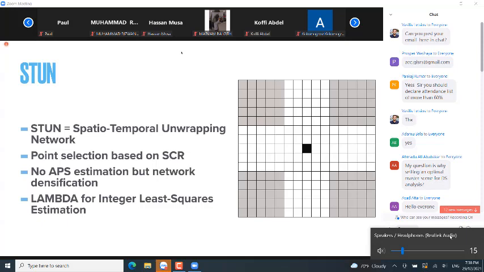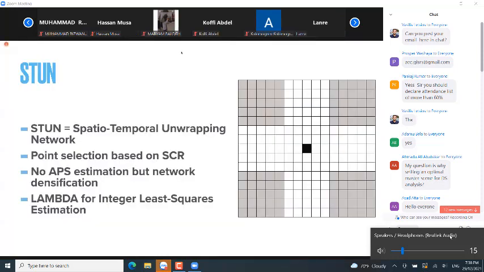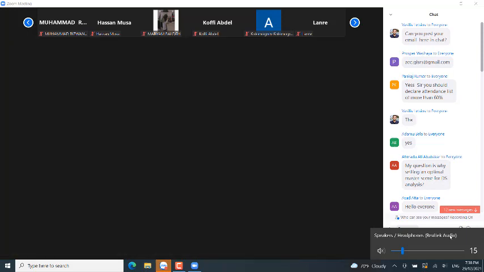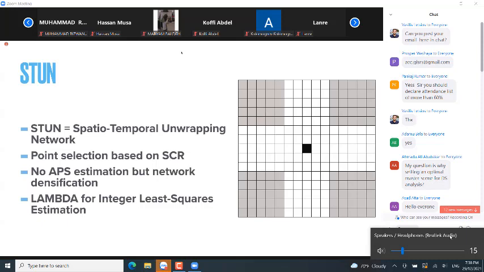Then in STAN, we actually do not estimate the atmosphere at all, and I will explain that. We just densify the network later, so we never really estimate the atmosphere. And then probably the most useful part of STAN is using LAMBDA as an integer least squares estimation.